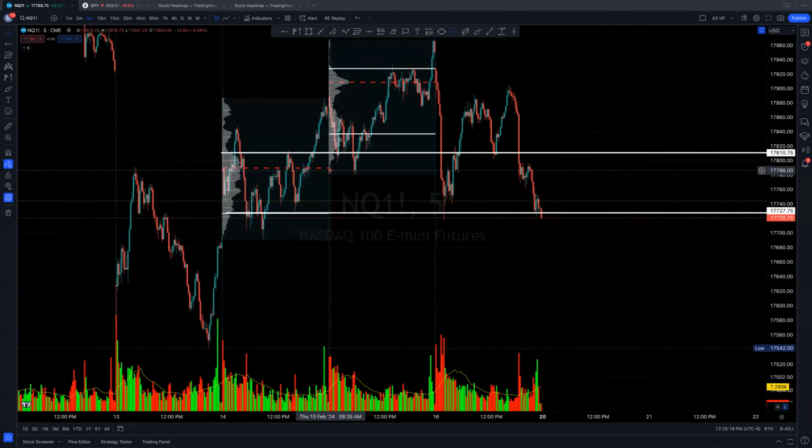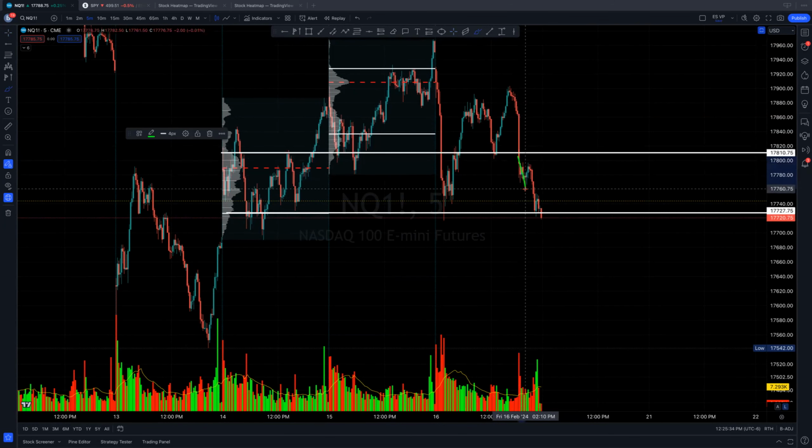Like I said, near point of control, more often than not you'll see some chop. And then we proceeded to have a pretty strong sell-off. Now, not all the times it's going to be like this, guys. Sometimes we'll see price pull back into value area high, sometimes even break a little bit higher and then just proceed to sell off into value area low.